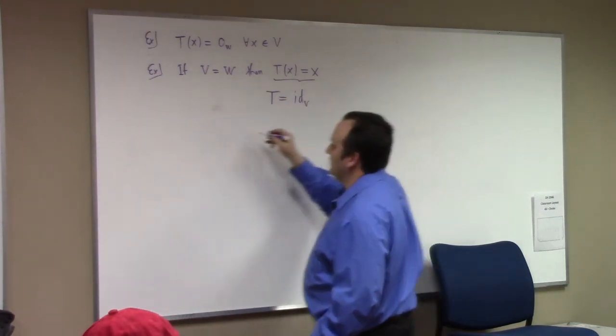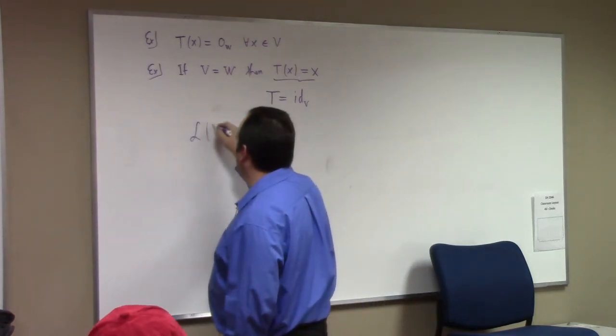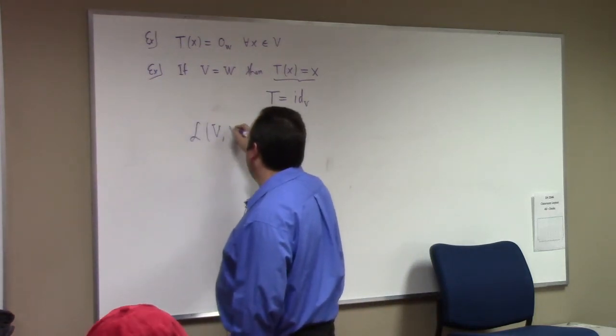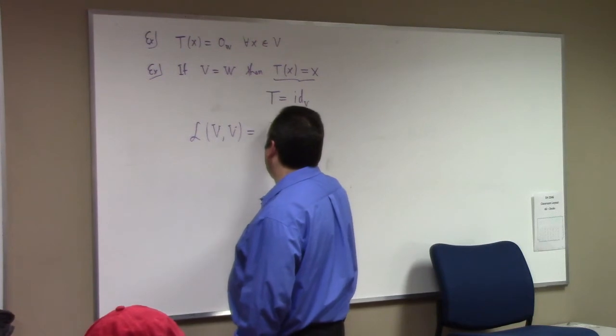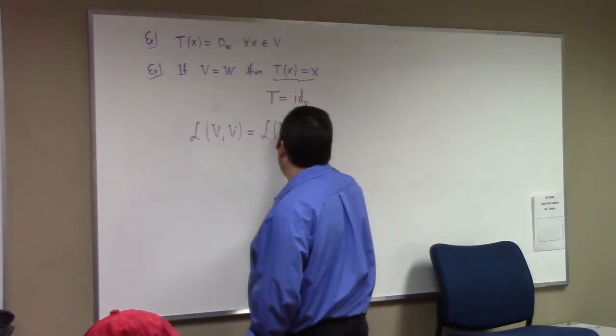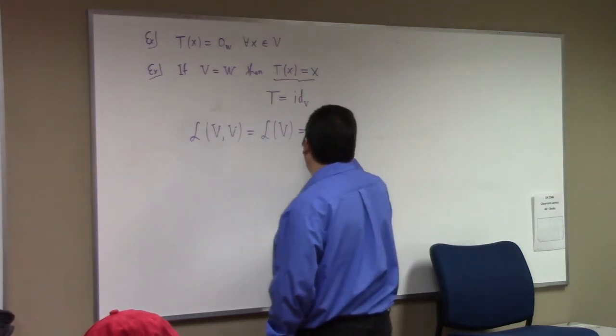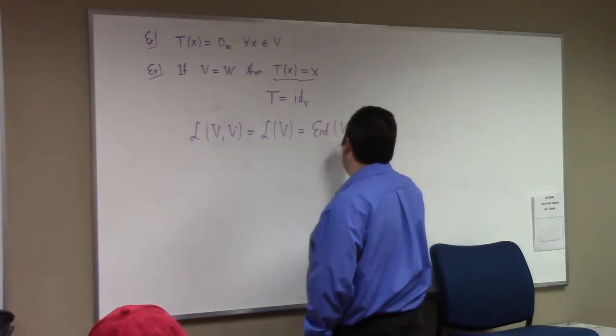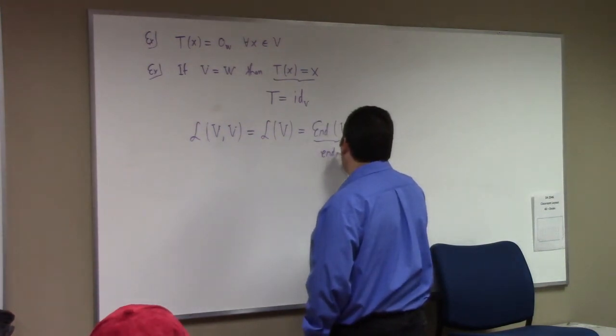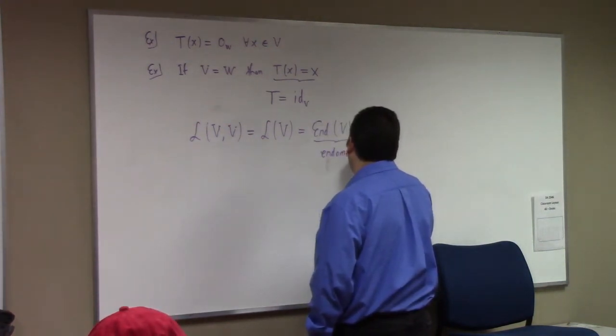And by the way, in this case, the linear transformations from V to V, sometimes use the notation just L(V). These are also known as End(V). This is for endomorphisms.